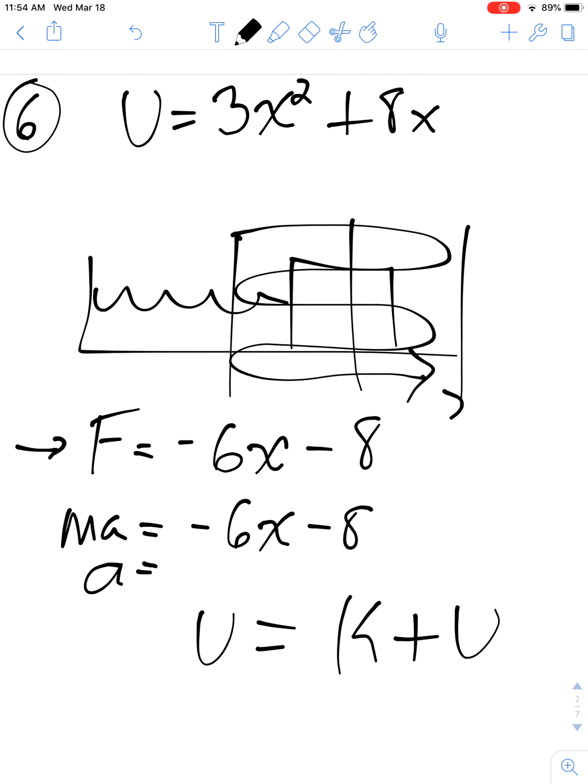Why not? Well, the acceleration is the derivative of velocity with respect to time, and velocity is the integral of acceleration with respect to time. But this isn't time. This is position, right? So we have our position function here. And what that means is you cannot integrate the acceleration and get the velocity with respect to position. That is not valid.